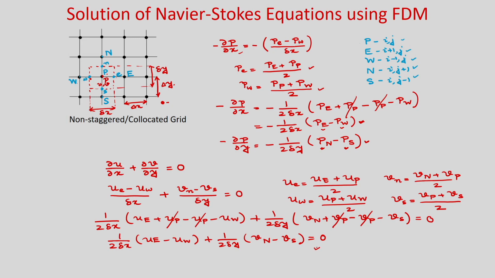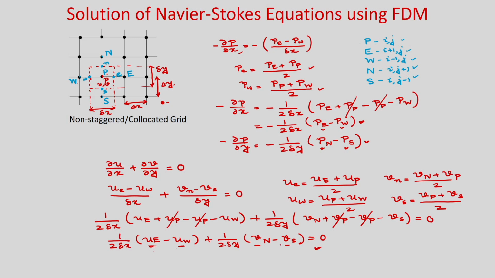If you see this equation carefully, u you are taking at east face, west face and v you are taking at north face and south face, but essentially you are trying to impose this continuity equation at this control volume where you have the main node P. So, obviously you can see that there are no velocities which actually appear from the main control volume.